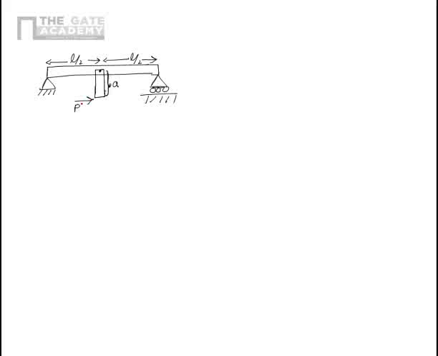Let's see how to solve this problem. So the first thing is that if we isolate the beam alone, the beam can be isolated like this. There is a longitudinal force P and there is a moment counterclockwise of PA, and this is, let's say, RA and this is RB.